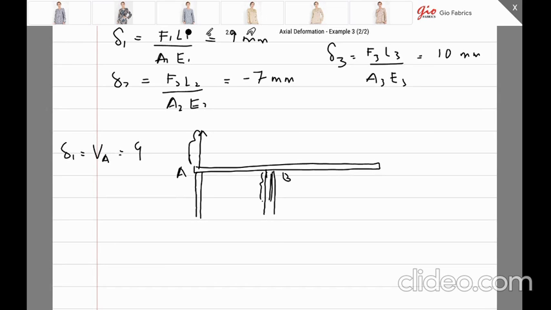Going downward by 7 mm. So delta 2 we can say equal to VB, the displacement at point B, equal to 7 mm.